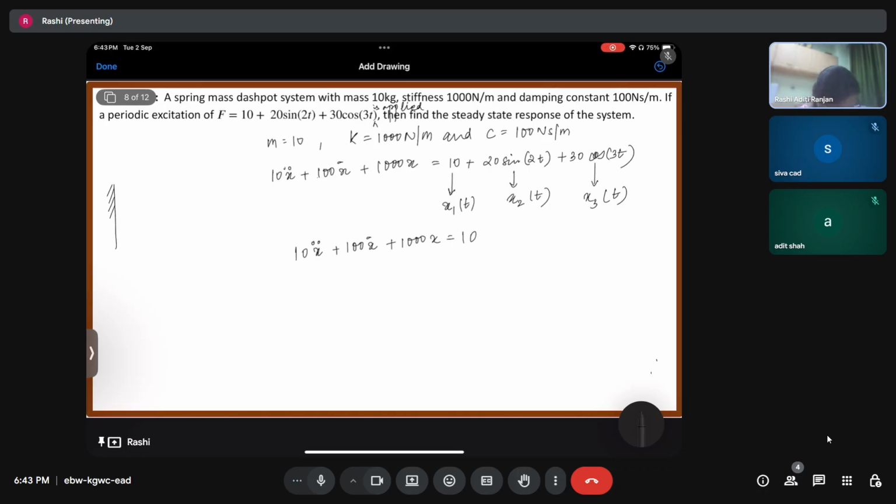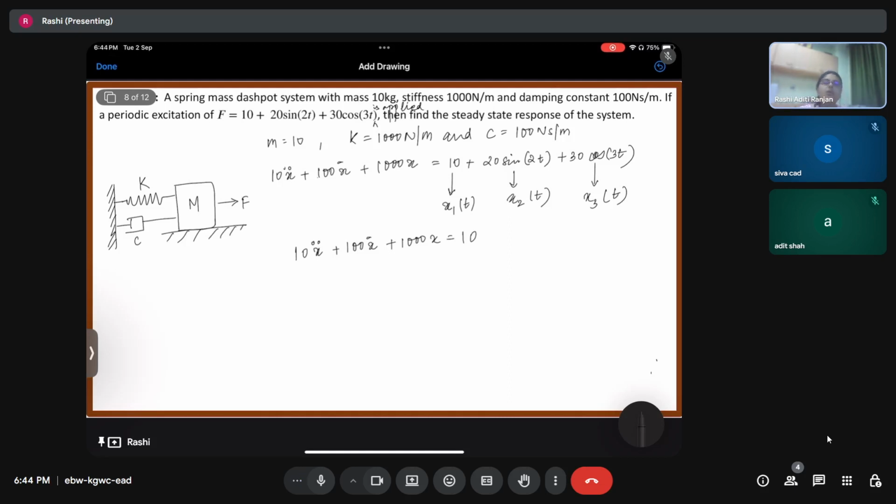We have a spring, dashpot, a mass, and then a force F is acting on it. Now, if this force F is constant, equal to 10 Newton, the question is what is going to be the steady state behavior? So it is very clear.